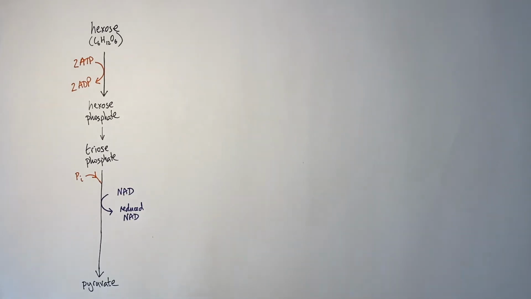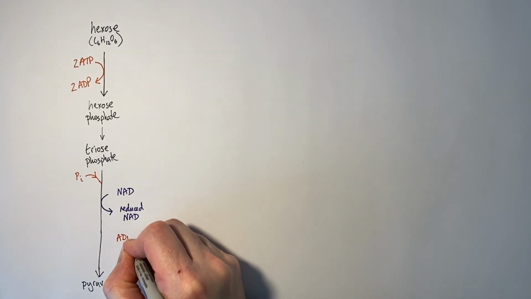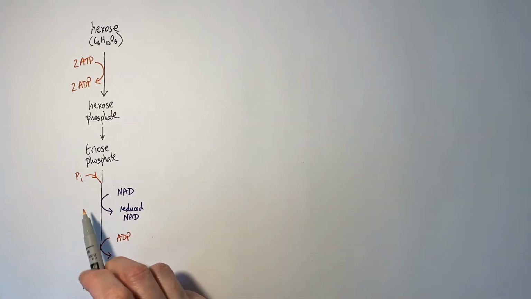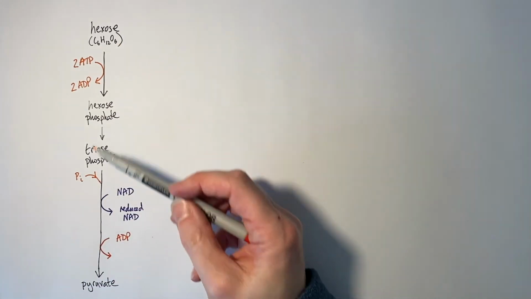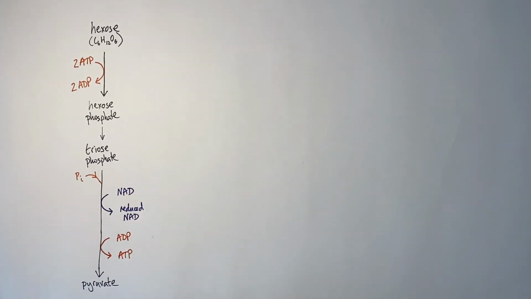After that, we get some ATP made. And the ADP picks up phosphate groups that have been added to the hexose to form ATP. And we end up with pyruvate.